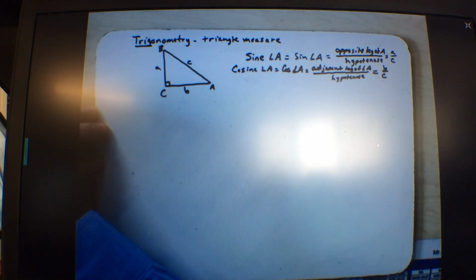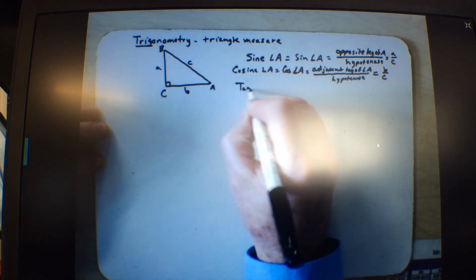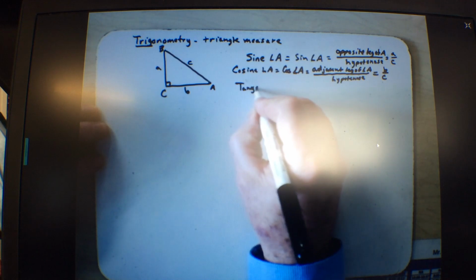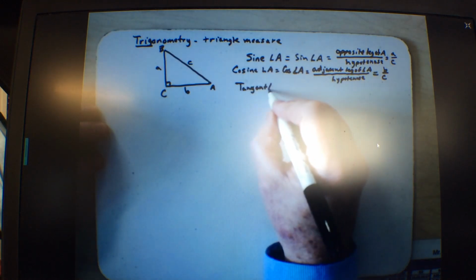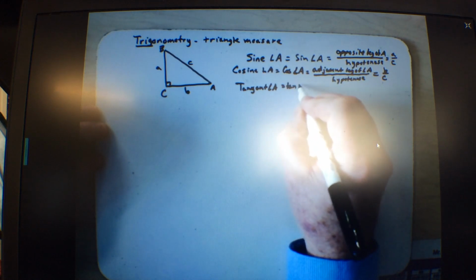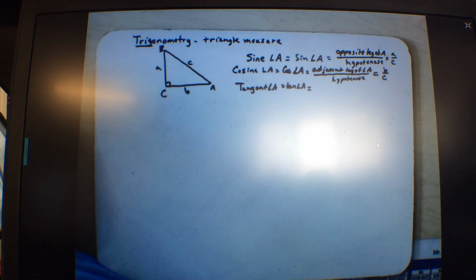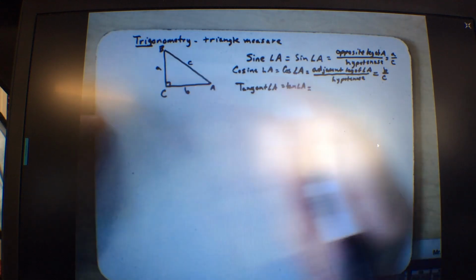You understand it? Okay. The last one we're going to talk about, now there's actually three more, but they are reciprocals of this. We're going to talk about the tangent of angle A, which is tan of angle A. Okay? Now the tangent is the only one that does not involve the hypotenuse. Okay?